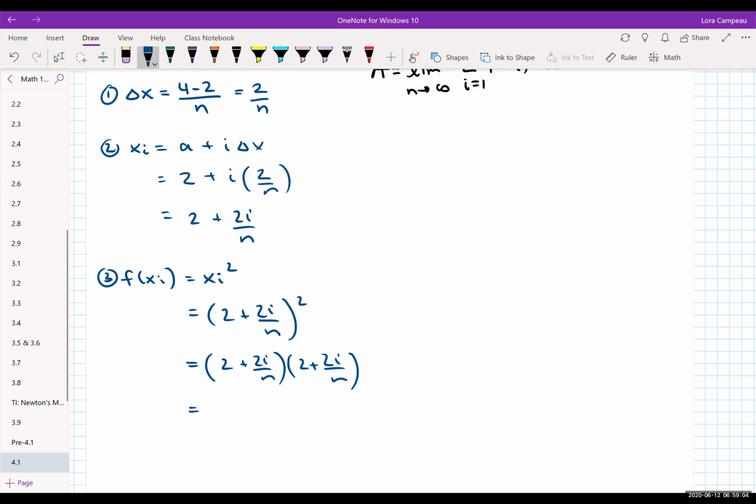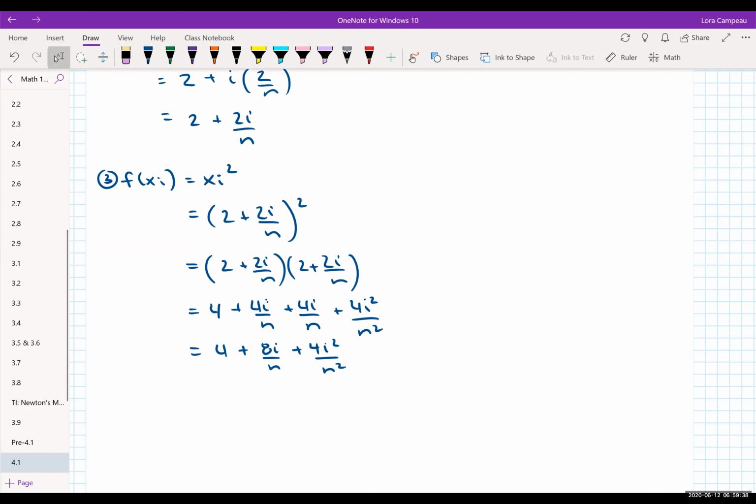So if I distribute, FOIL, I have 2 times 2 is 4. 2 times 2i over n is 4i over n. Another positive 4i over n, and then 2i times 2i over n times n, I should have 4i squared over n squared. Clean it up just a little bit more. 4 plus 4i plus 4i, 8i over n plus 4i squared over n squared. So a little more complication.